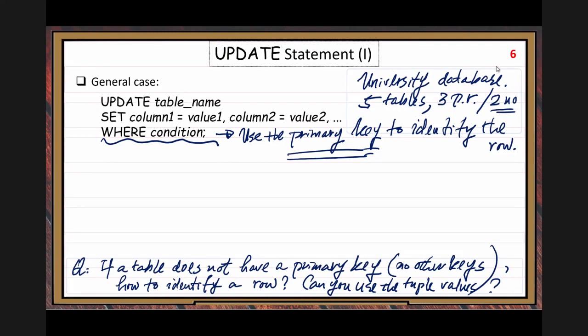But for our university tables, it's true. Actually, we do not need to use the whole tuple value. We only need to use the first 2 columns. The values for the first 2 columns can identify the rows. We do not need to define composite keys. We can define composite keys, but it's not necessary.